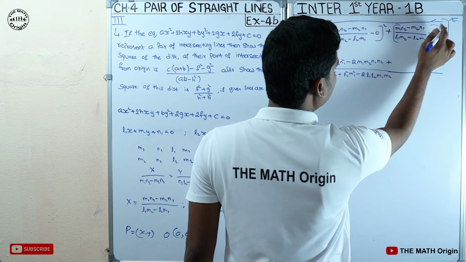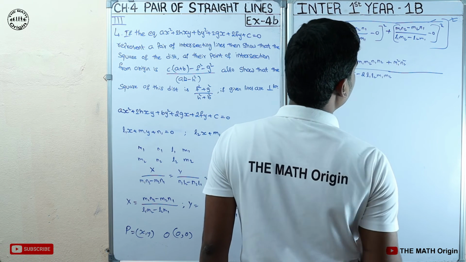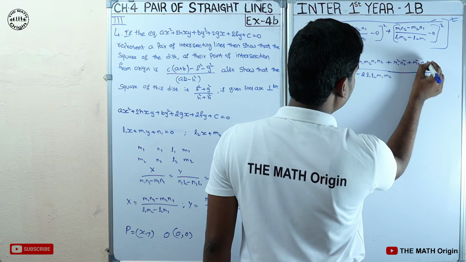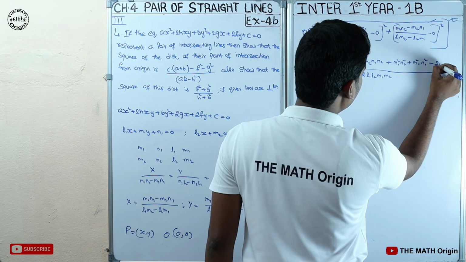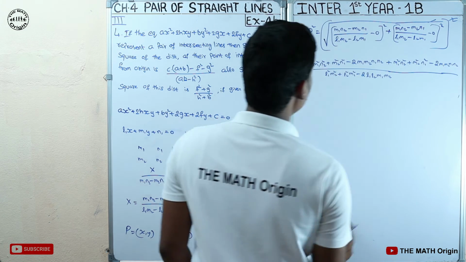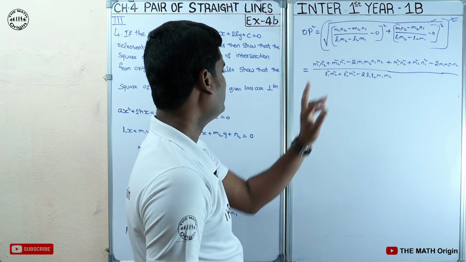Here the numerator is the square of this: m1 square n2 square plus m2 square n1 square minus 2 m1 m2 n1 n2. Okay, now we got these complete values in terms of L1, M1, N1, L2, M2, N2.